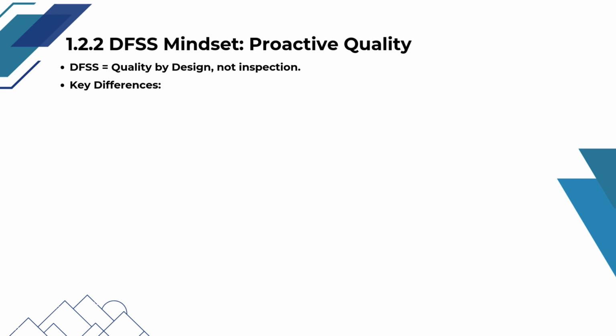Key differences include DMADV being proactive versus DMAIC's reactive approach, preventing defects instead of correcting them, designing new processes rather than improving existing ones, redesigning constraints rather than working within them, and prioritizing robust design and optimization over root cause analysis, embodying the principle of quality by design rather than inspection.